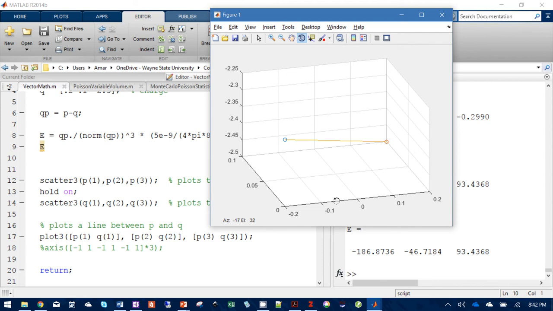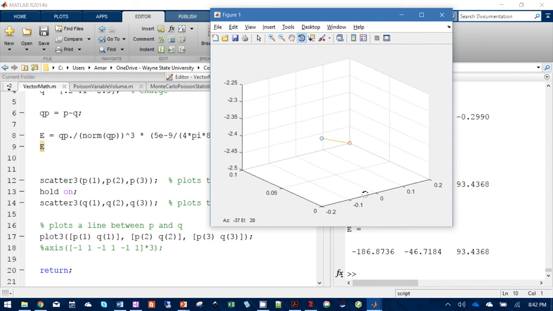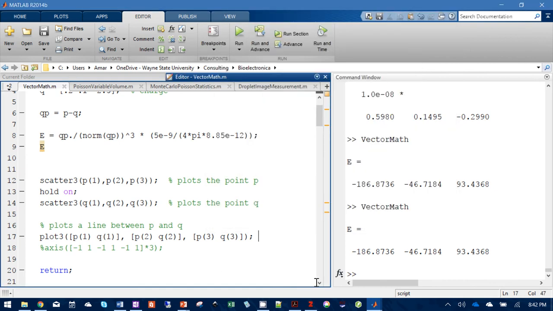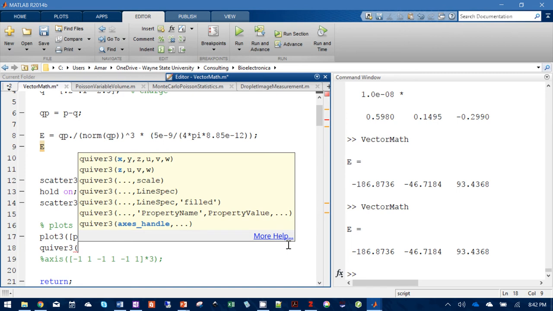Okay, nothing fancy. If you wanted to draw a vector, then you'd use the function quiver. Right, so if I did quiver, I think it was quiver3. Do you guys remember the inputs to quiver? Well, that's if you want the vector to originate from 0, 0, 0.